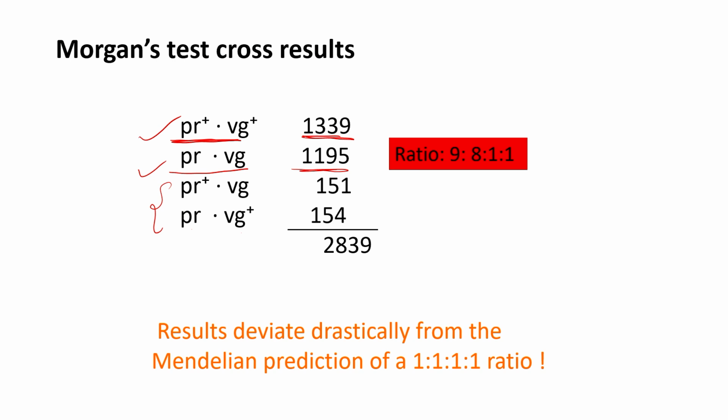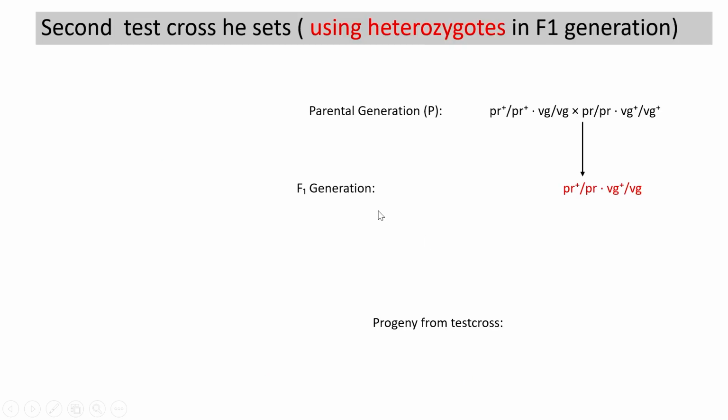So, this ratio deviated from the Mendelian ratio, as we saw in the sweet pea experiment by Punnett and team. Because this deviated drastically from the 1:1 test cross ratio, Morgan started looking into why.